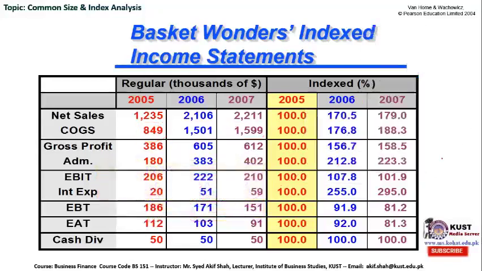What is the purpose of index analysis for the balance sheet as well as the income statement? It actually tells you the trend in the heads of accounts pertaining to the income statement as well as the balance sheet. Like we can see that the cost of goods sold of Basket Wonder with respect to 2005 has significantly increased from 100% to 176% in 2006, and then a further increase in the cost of goods sold towards 188%.